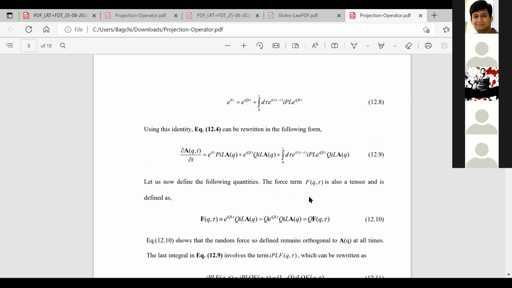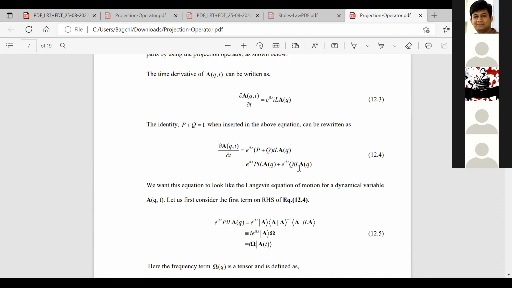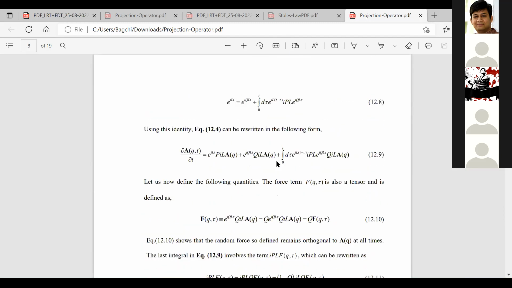So e to the power iQLt, I take the derivative dA/dt. That has e to the power iLt, the first term is that. Then the second term is e to the power iQLt QLt. So I again write e to the power iLt here, I put e to the power iLt again, that identity, e to the power iLt. And when you do that, you get 12.9.